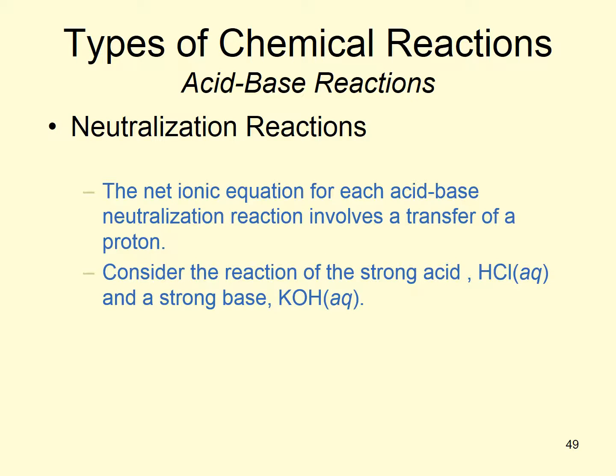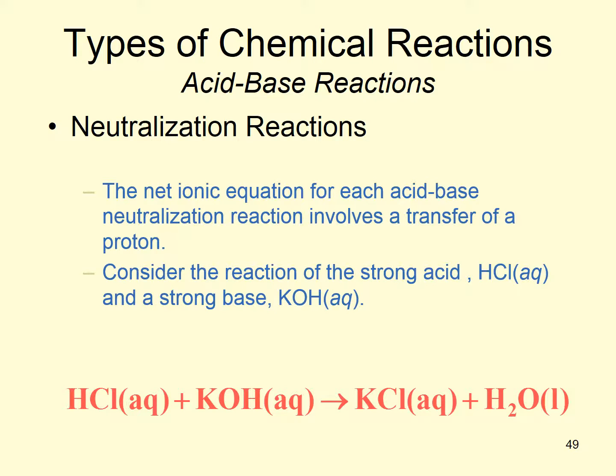All right, so let's look at the reaction of a strong acid, HCl, with a strong base, KOH. Okay, so HCl and KOH, you can see that the H and the OH again form water, and the K from the KOH and the Cl from the HCl will form a salt, KCl, which is, if you ever use salt substitute, it's salt substitute.